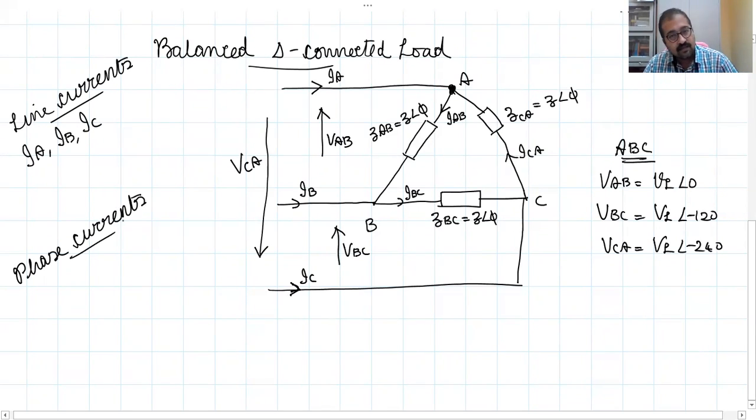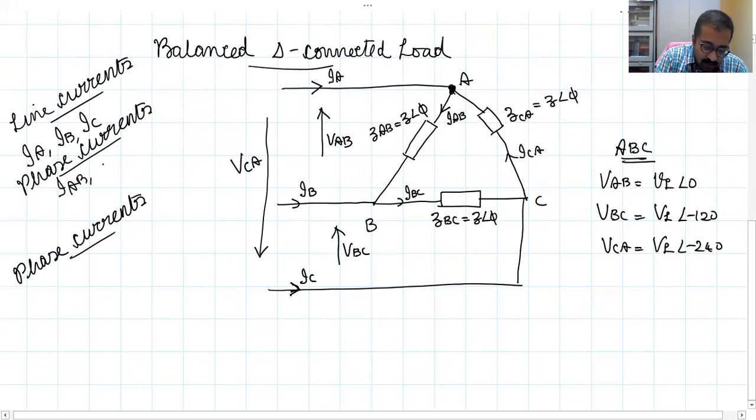What do you mean by phase currents? Phase currents are those which flow through a phase winding. So IAB, IBC, and ICA are phase currents, whereas IA, IB, and IC are line currents. What will be the phase currents in terms of voltage and impedance?